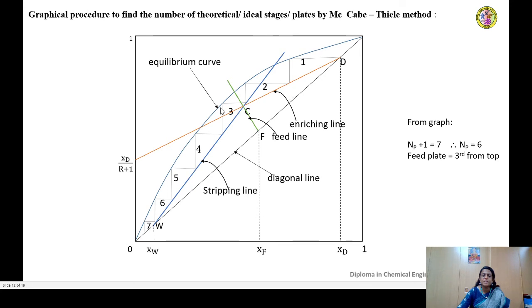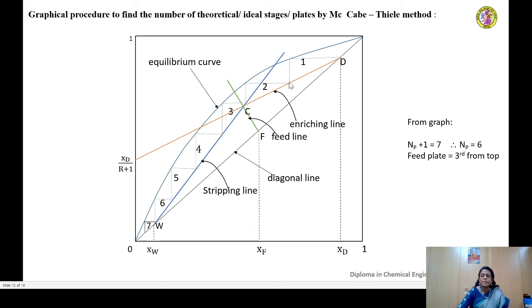Once the construction of operating lines is over, the last step in the procedure is to make a stepwise construction between the equilibrium curve and the operating lines, starting from point D and carrying out the construction till you cross point W. Okay, so I'm starting from here. From point D, draw a straight horizontal line. When it touches the equilibrium line, from there onwards, draw a vertical line.